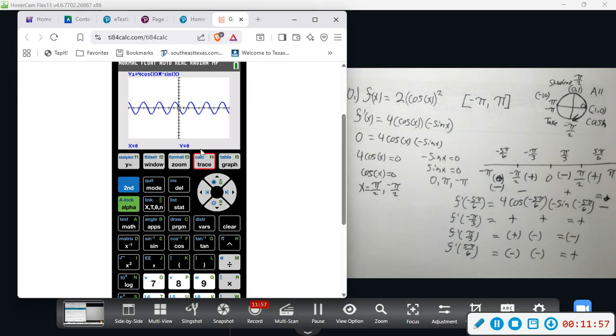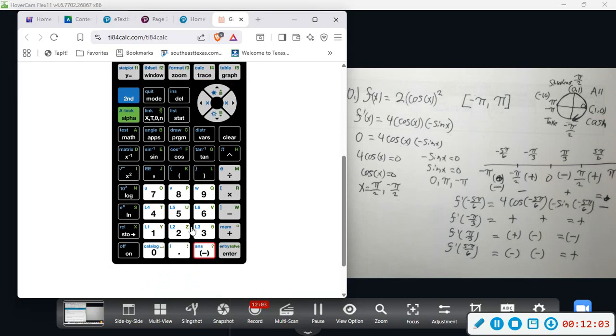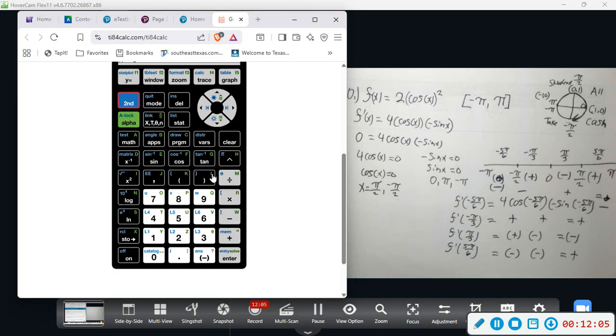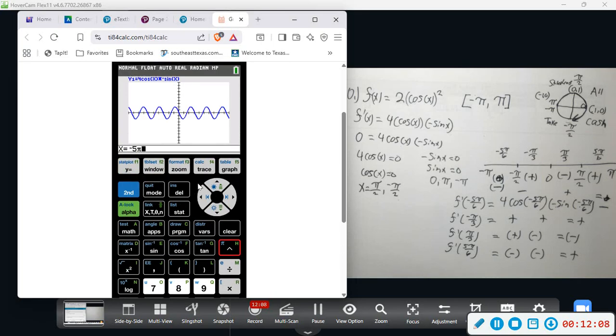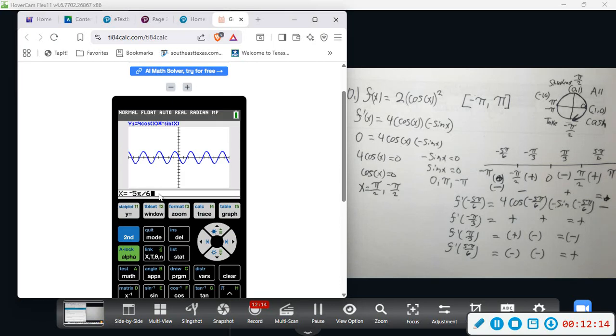So when I plug that in for x, my y value should be negative. Don't really care what it is. Negative 5 pi divided by 6, enter. And we get a y value of negative 0.17.